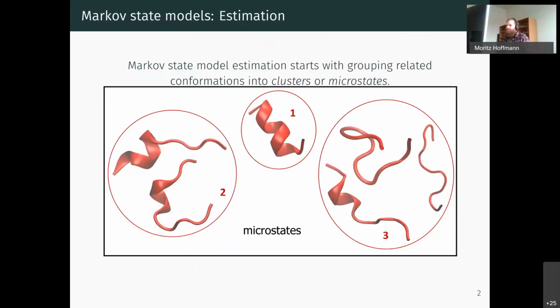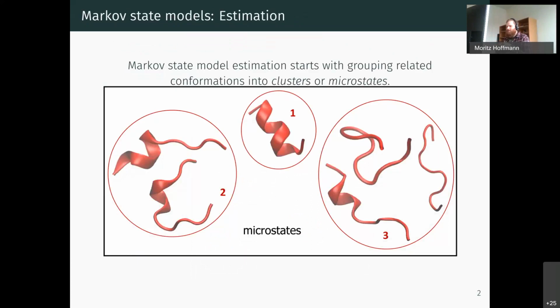And how do we start estimating one of these? We start estimating these by looking at our MD data, featurizing it somehow, and then we group together the related frames into clusters. This is basically what k-means does for us.